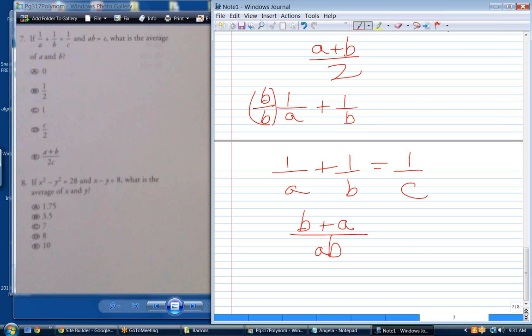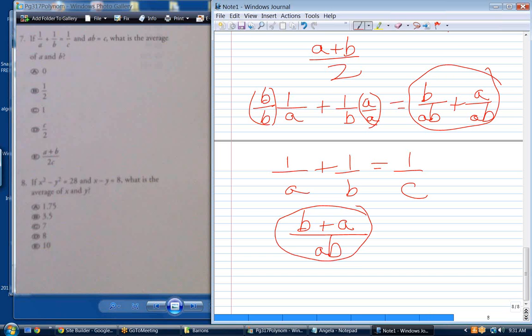In order to get an AB on this term, I have to multiply it by A over A, also the number 1. And that produces B over AB plus A over AB. Now that I have a common denominator, I can just add the numerators, and I get this.